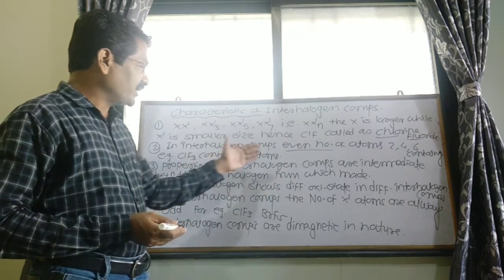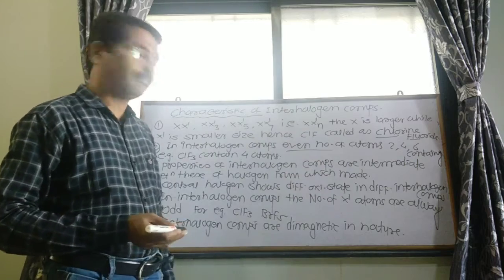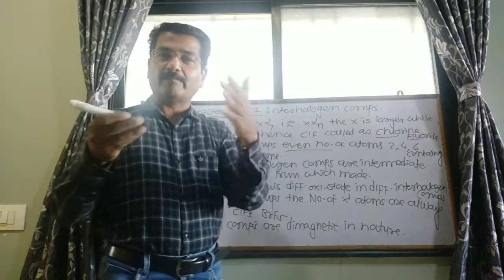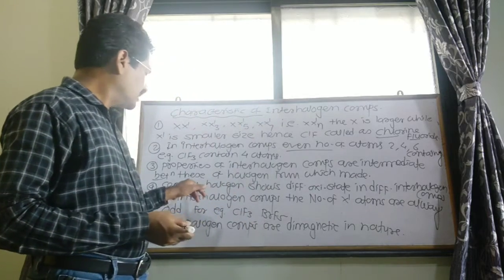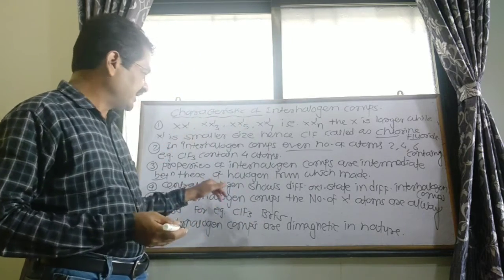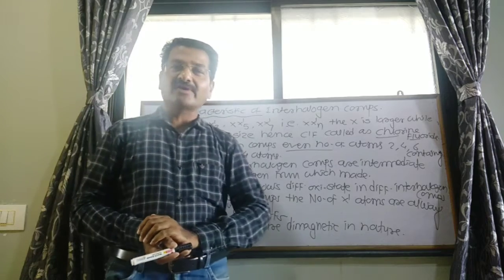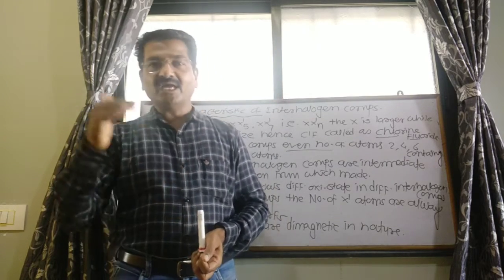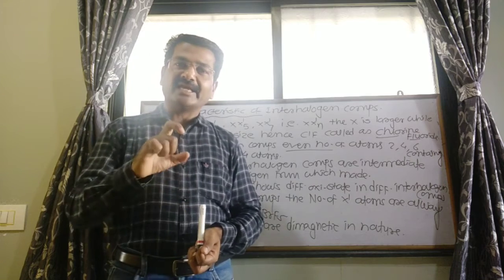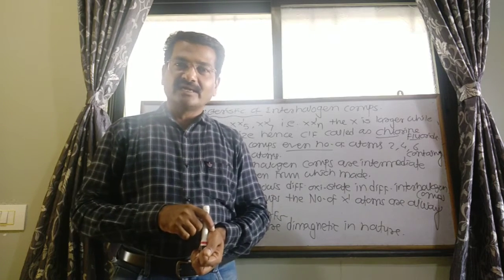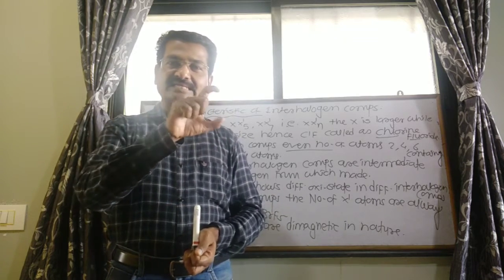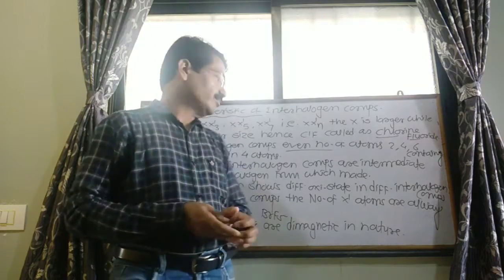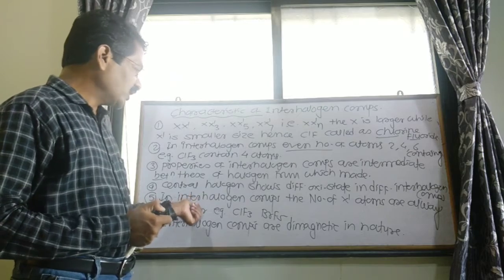Then the properties of interhalogen compounds are intermediate between those of the halogens from which they are made. Next, the central halogen shows different oxidation numbers depending upon the interhalogen compound. It means the properties of that central halogen change by changing the compound.